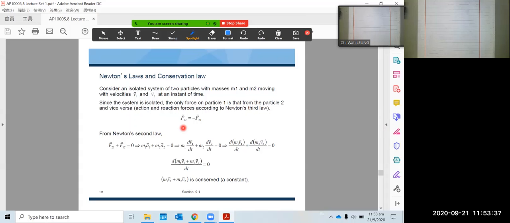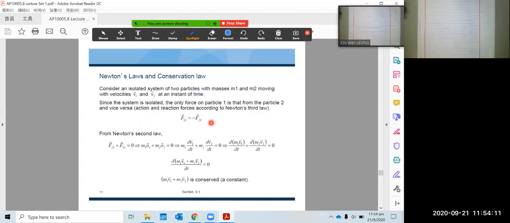So when you have two objects in contact with one another, and when one object exerts a force on the second object, the force on particle 1 by particle 2 would be equal in size but opposite in direction to the force on particle 2 by particle 1. So this is the idea of Newton's third law, action and reaction pair.